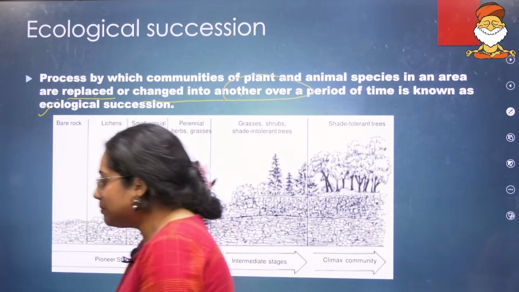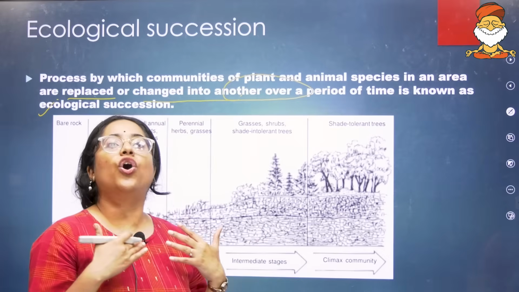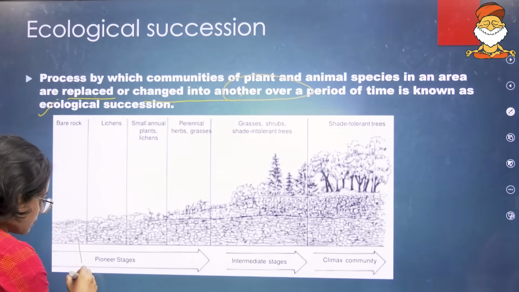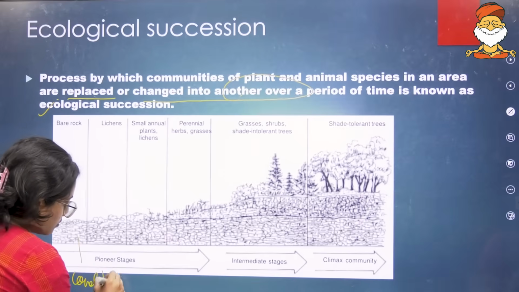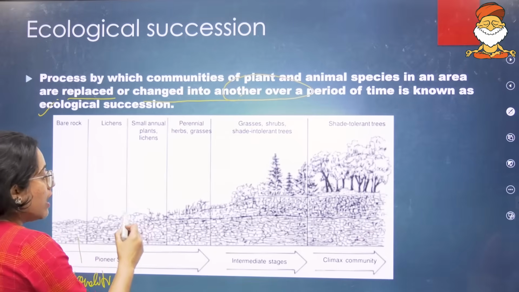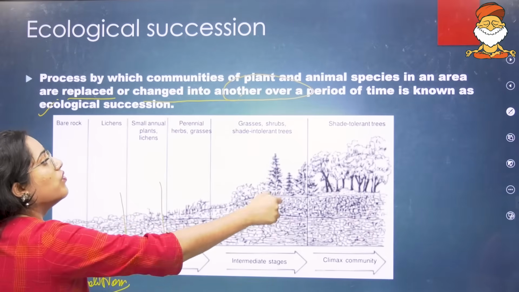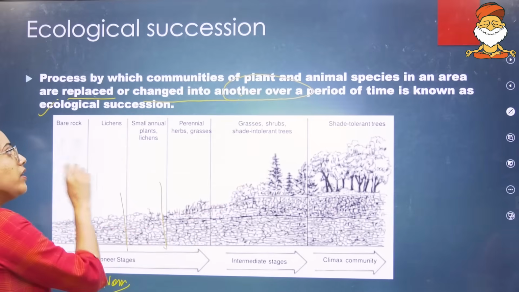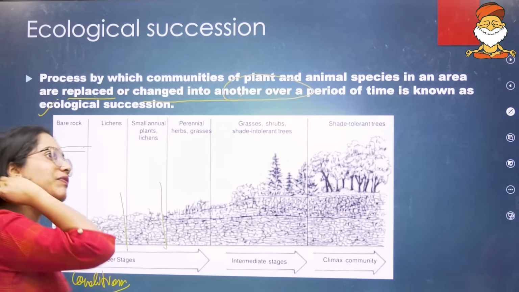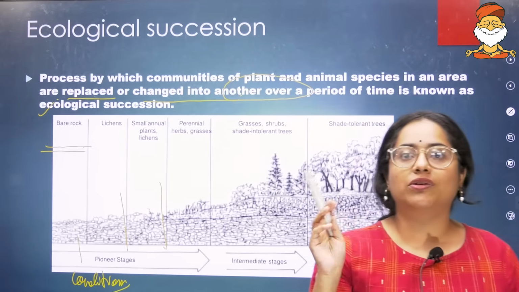Ecological succession primarily means that, based on the availability of certain conditions, you have multiple community changes over time. Now here, a lot of students have asked: why, whenever we explain ecological succession, do we talk about the plants?